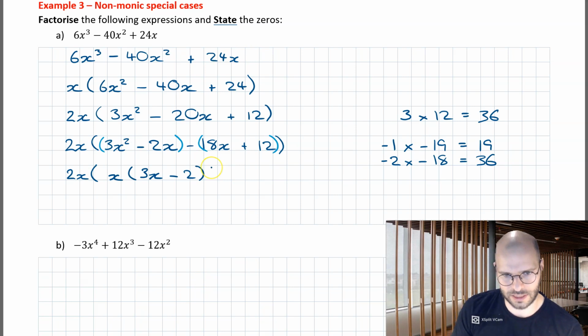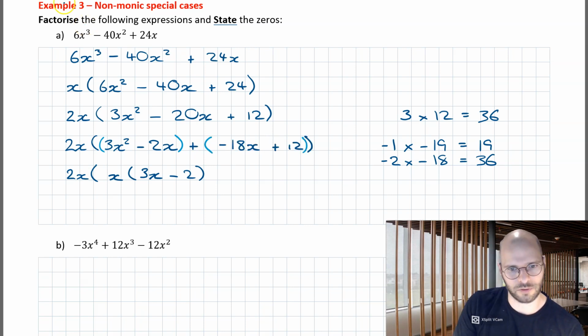Next, we have 18 and 12. Notice that this negative kind of belongs in here, so what we'll do is rewrite this, call that plus, and then we'll factorize. We want to get 3x minus 2 inside the brackets. First term is negative, so we'll divide it by a negative, so we'll pull out a negative. We want to deal with this term over here.